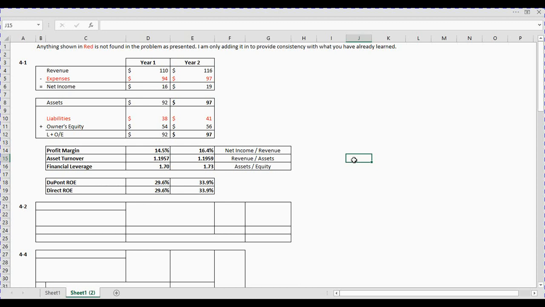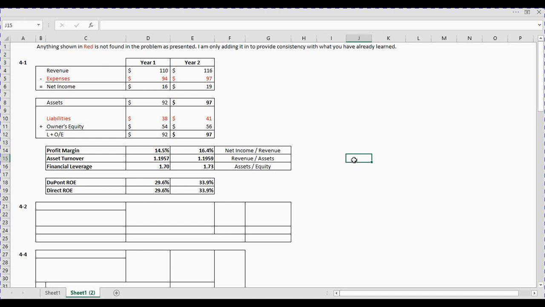I'm not selling all of my assets. Some assets, as you know, stay in the business from period to period. They're permanent accounts. But this is just a measure to see, in relation to my assets, how much revenue am I generating?